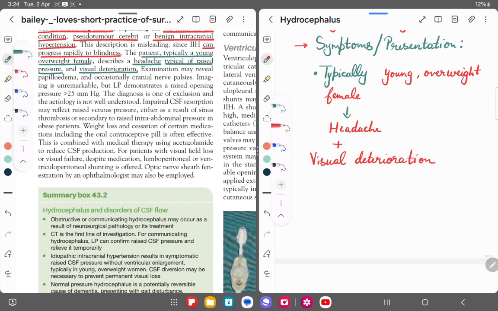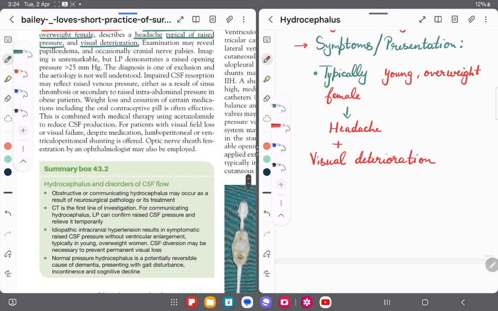When we do examination, it may reveal papilledema and occasionally cranial nerve palsies.